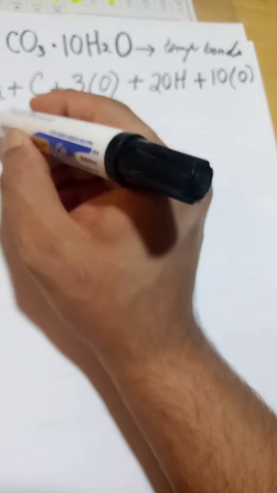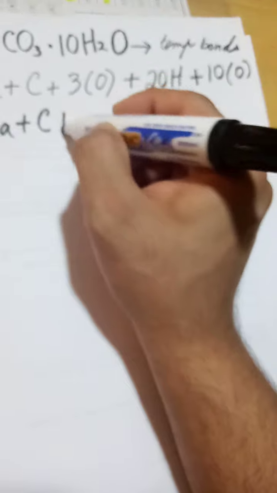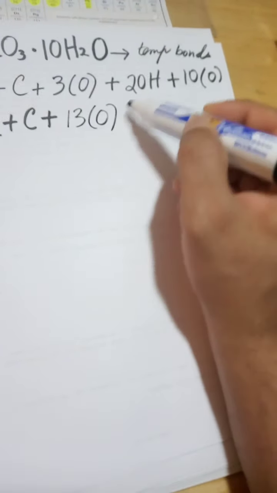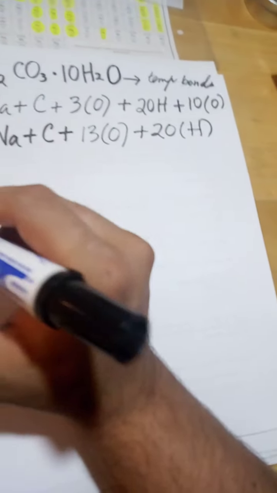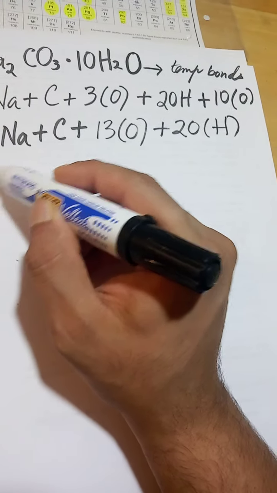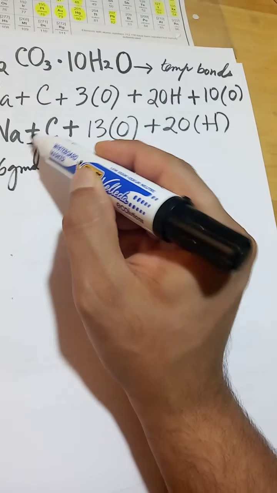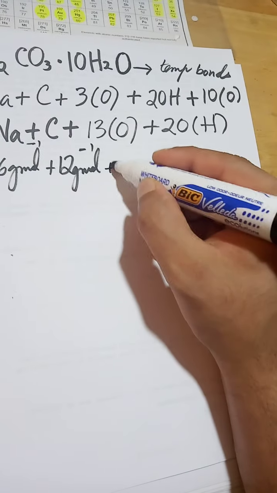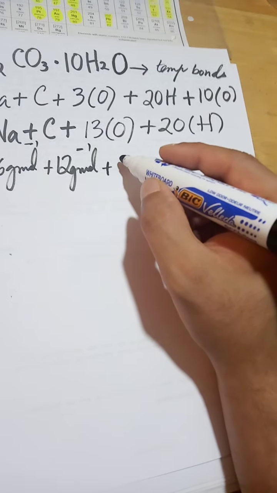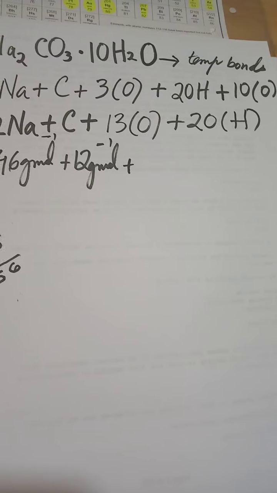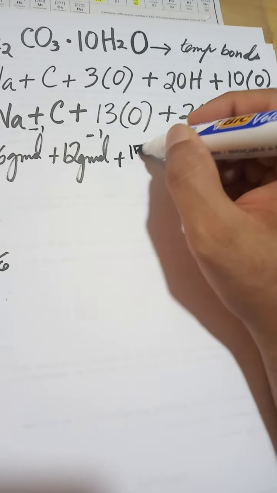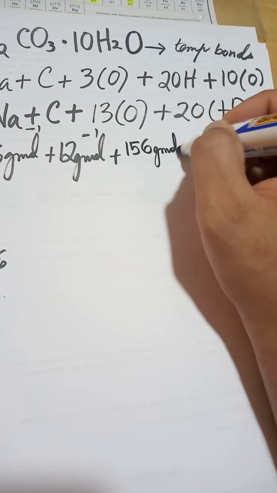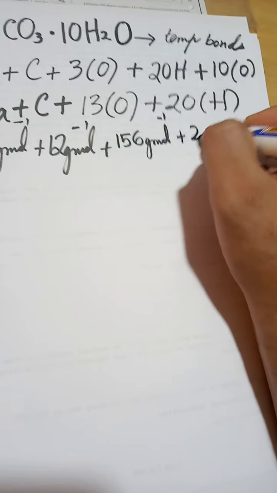So 2 atoms of sodium plus 1 atom of carbon. So we've got 3, and then 13 atoms of oxygen, and 20 atoms of hydrogen, which is basically just 20 grams per mole. So that'll be 46 grams per mole plus 12 grams per mole plus 13 times 12, 156 grams per mole, plus 20 grams per mole.